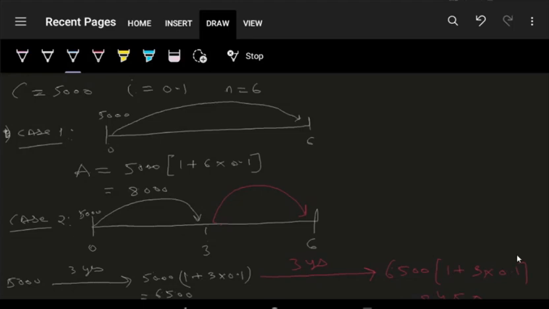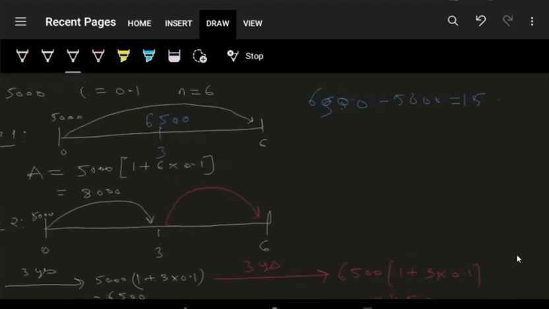So the reason for the difference is, when we calculated the amount at time 3, it came out to be 6,500. Here at time 3, the amount is 6,500. But since we have invested for the 6 years, the interest part of this 6,500, that is 6,500 minus 5,000, so this is my interest part in 6,500.